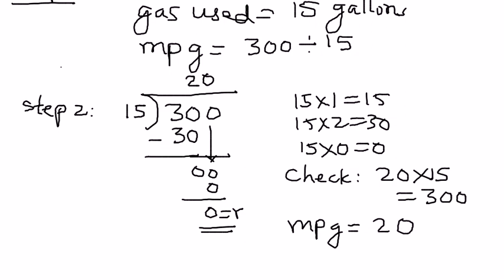We got 20 miles per gallon. When we made a road trip which involved 300 miles, and when we've consumed 15 gallons of gas, the miles per gallon we got on our car was 20. We got 20 miles per every gallon of gas for this trip.